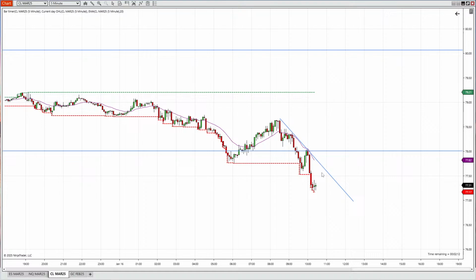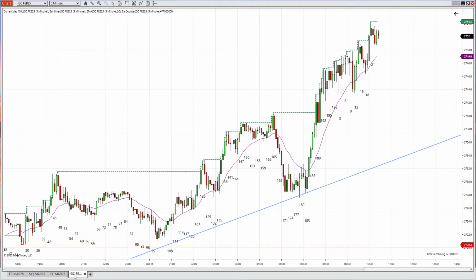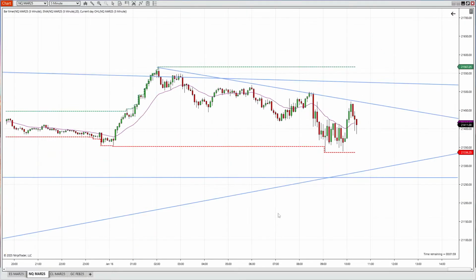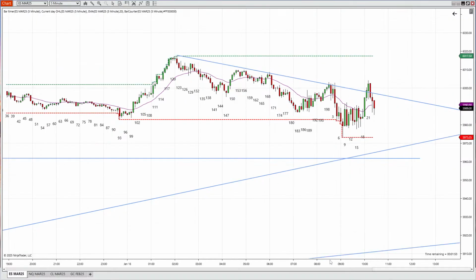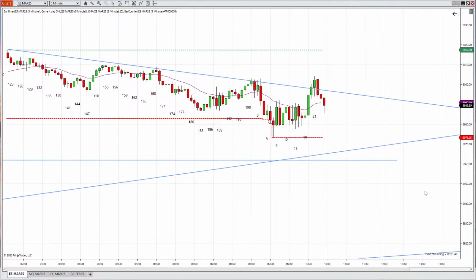Let's see if this gets broken, and that might present another short opportunity. We're just at gold, and back to NQ. NQ and ES are extremely similar.